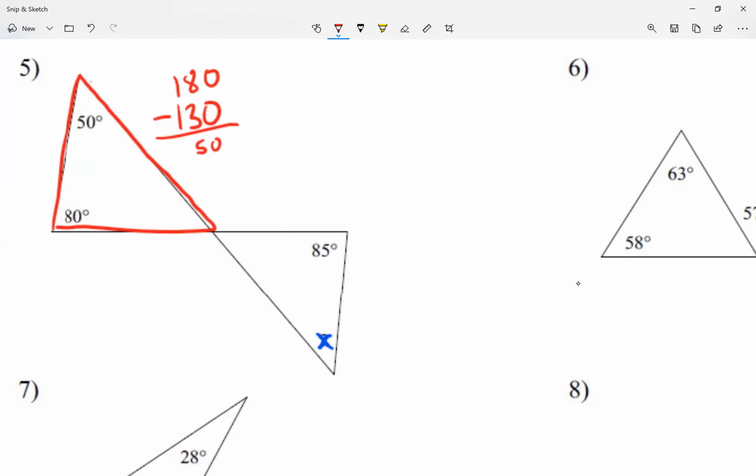So that means that this angle is 50. Add the three angles if you don't believe me. 50 plus 50 plus 80. It should add up to 180. Okay, so you see where the X is? Start from the other triangle.